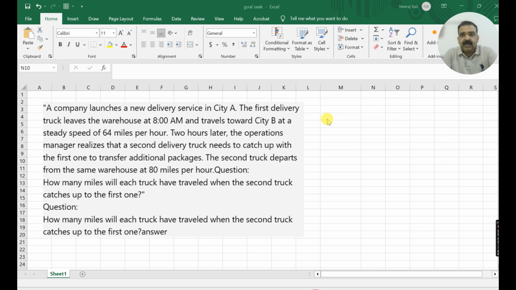So let us start this. Let me say truck A. What is the speed at which truck A is going? Speed, 64.